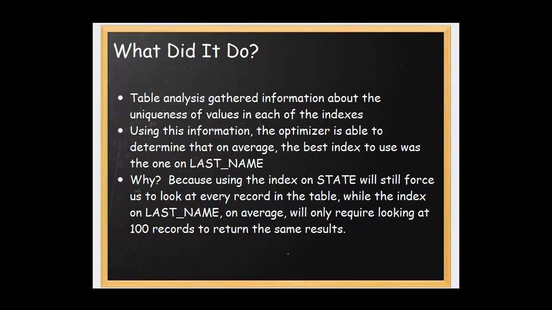Well, table analysis gathered information about the uniqueness of values in each of the indexes. And then using that information, the optimizer was able to determine that on average, the best index to use was the one on the last name column. Why is this? Well, because using the index on state will still force us to look at every record in the table, while the index on last name, on average, will only require looking at 100 records to return the same exact results.